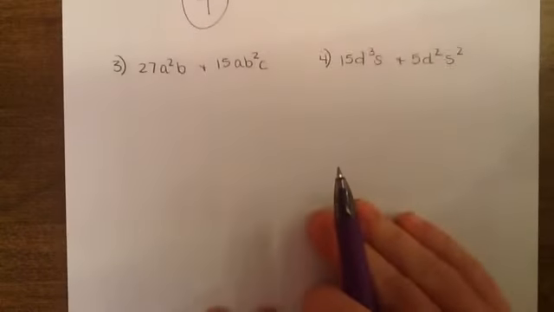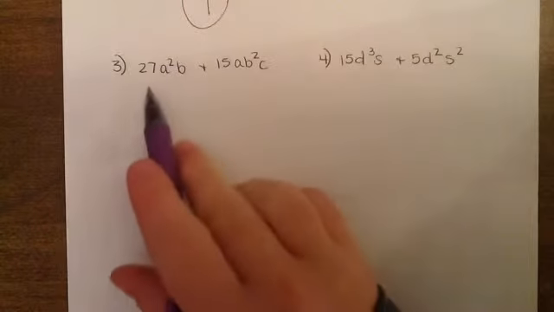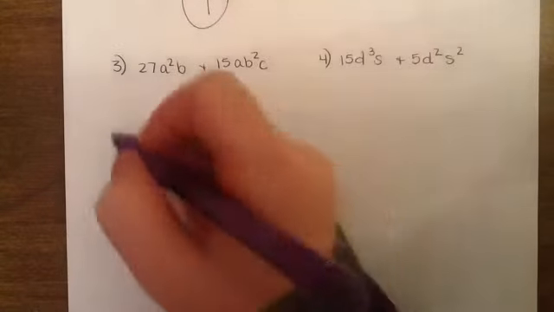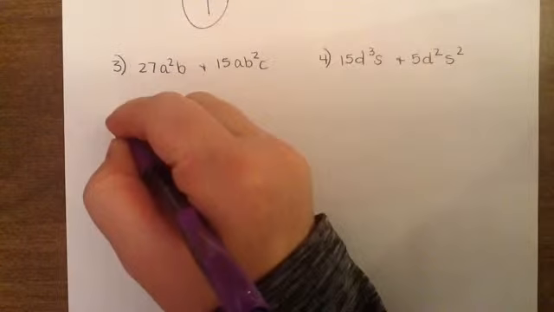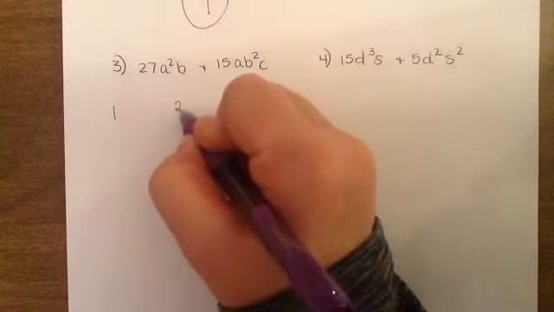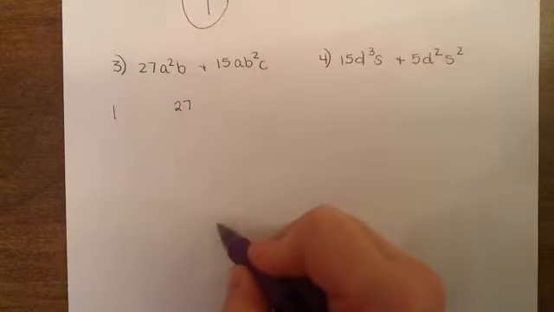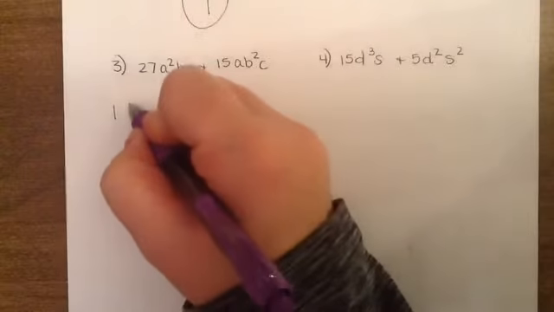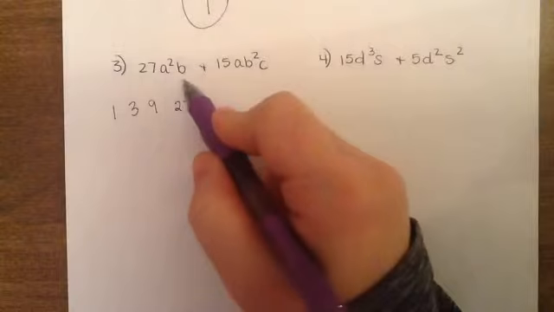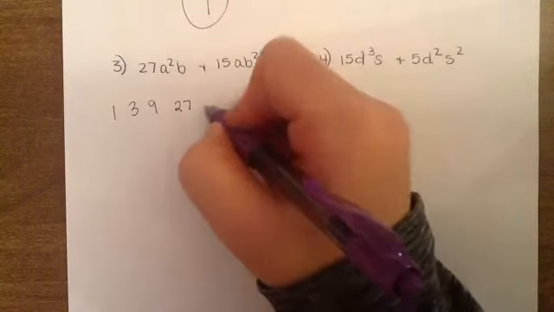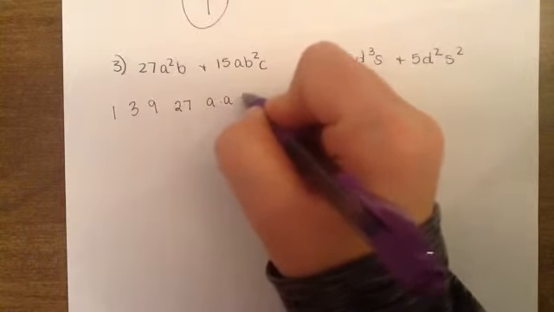Let's take a look at number 3. Let's start with 27a squared b. For 27, we have 1 and 27. Can anything else go into 27? 3 and 9. We also have a squared b, so a times b.